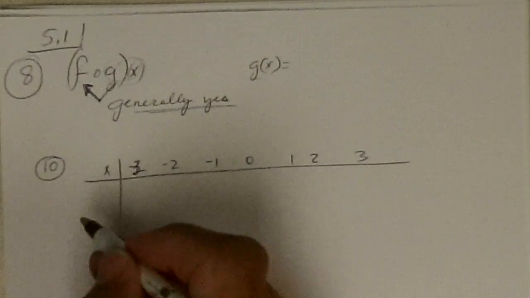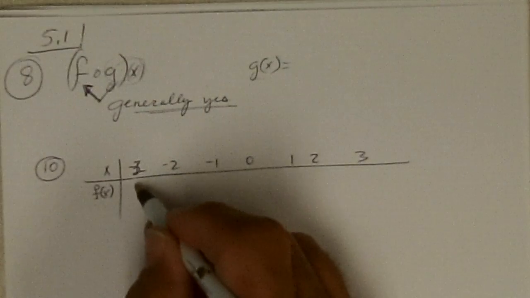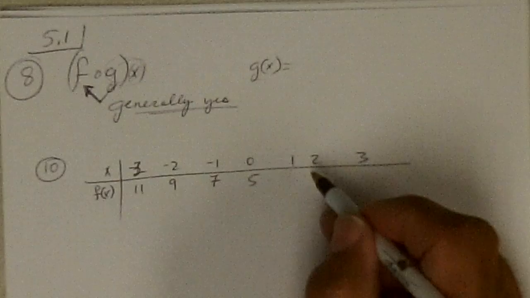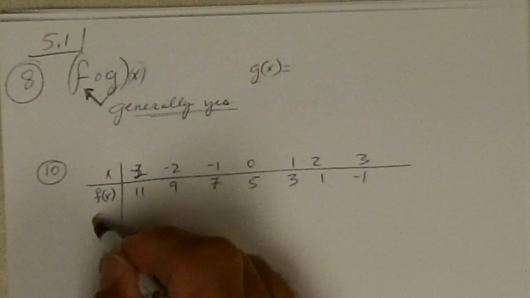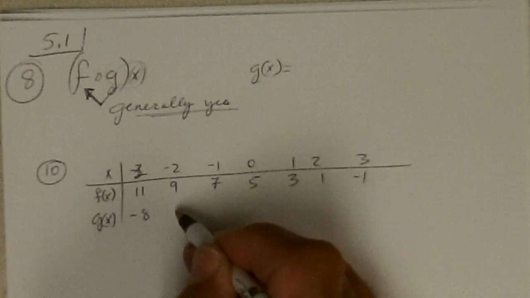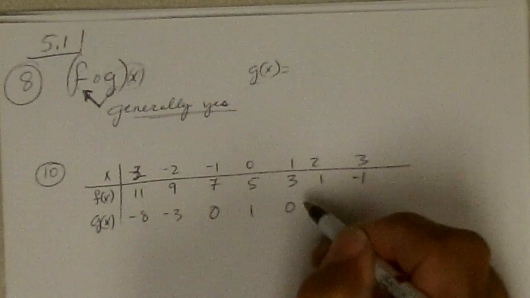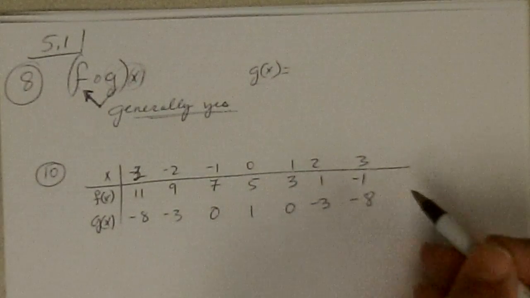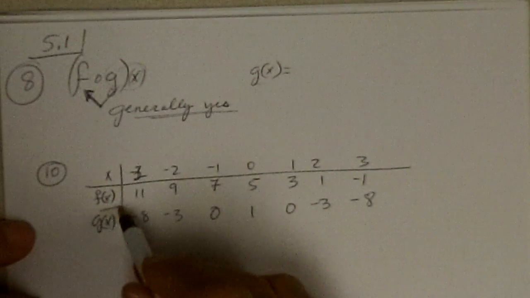And for those values, we know what f of x is going to be: 11, 9, 7, 5, 3, 1, minus 1. And g of x is negative 8, negative 3, 0, 1, 0, negative 3, negative 8. So there's f and g.